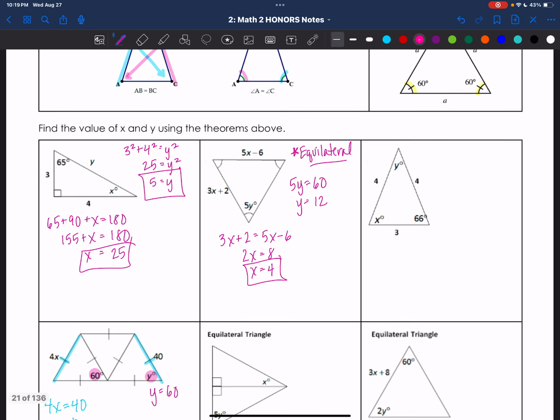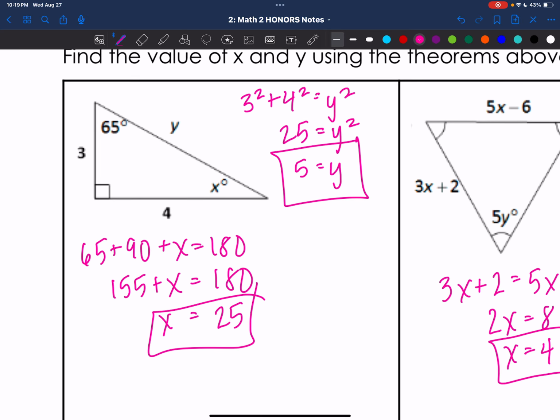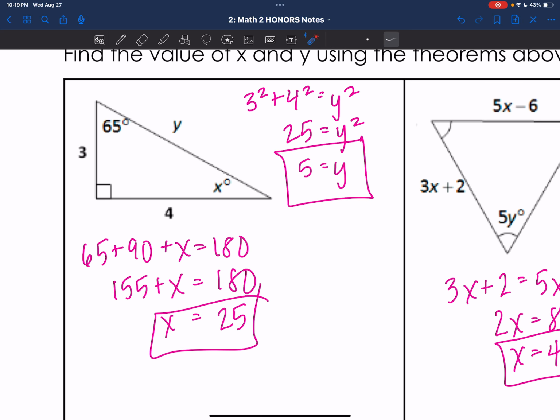All right, so let's do a couple here. For this one, you've got a couple steps you need to do. So first off, we need to find x. So I'm going to go 65 plus 90 plus x is going to equal 180, since that's the interior angles, or how many degrees are in a triangle.